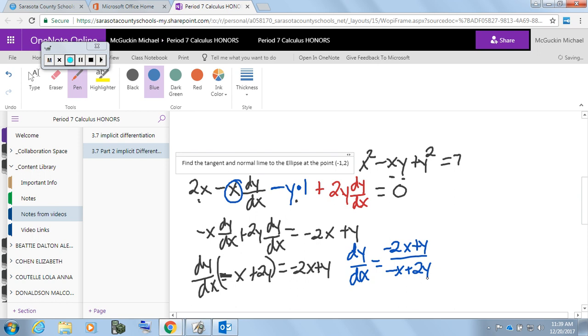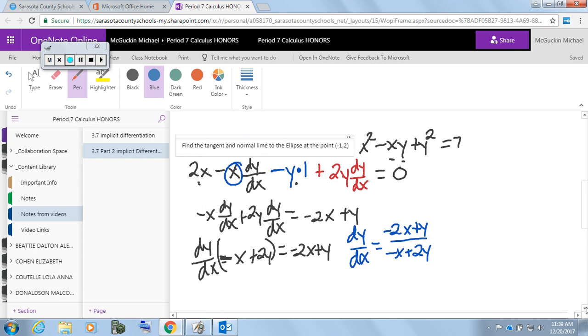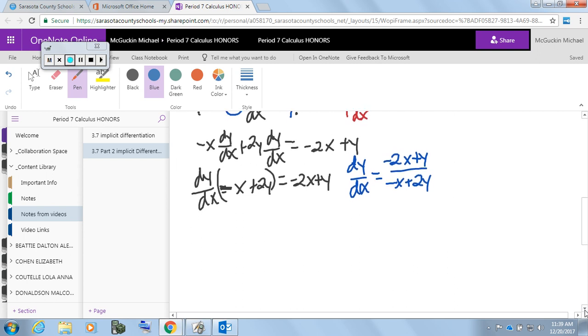And then it says, hey, we'll take into account the specific point at negative 1, 2. So wherever x is, substitute negative 1. Wherever y is, substitute positive 2. So dy/dx at negative 1, 2 becomes negative 2 times negative 1 plus 2.